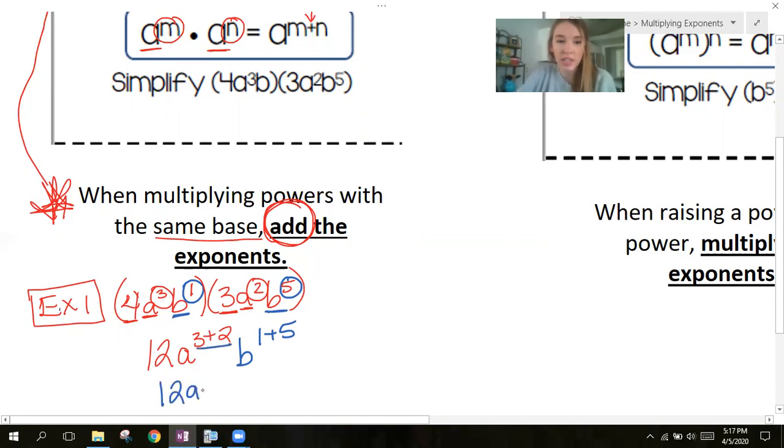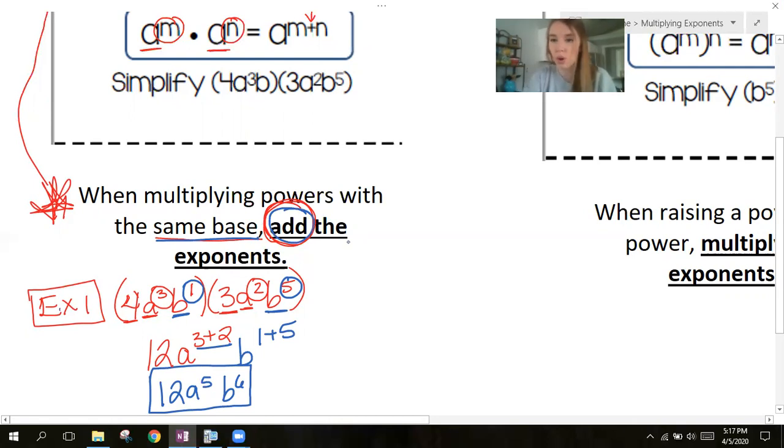We add those exponents, so to the 5th power, and then b, 1 plus 5 is b to the 6th power. That is your simplified answer. It's not too bad, it's just remembering what the rules are. If it has the same base, you add the exponents.